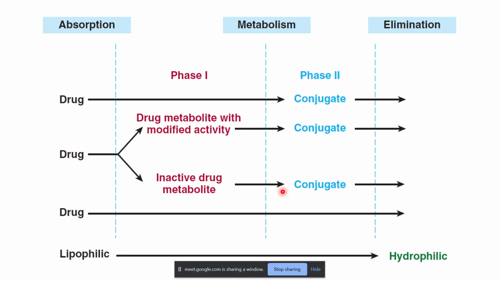This is the most common case. However, sometimes the drug will go directly to phase 2 and will form a conjugate, and then will be eliminated, so without phase 1.